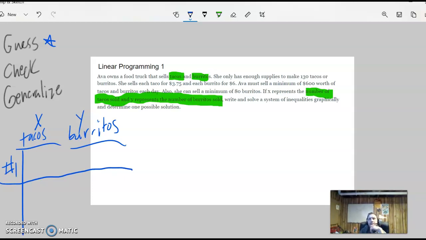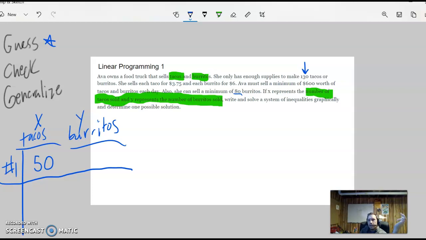So I'm going to guess that there are 50 tacos. Okay. And I'm making this guess because, as I look through this, I know I have to have at most 130 tacos and burritos. Also says we have to have a minimum of 80 burritos. So if I have 50 tacos, how do I know how many burritos I would have?